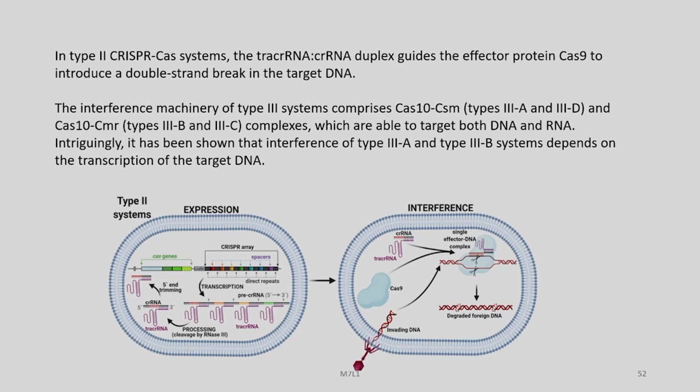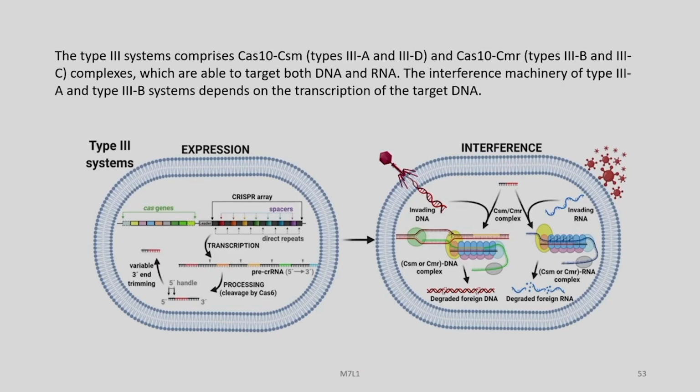The interference machinery of type 3 systems comprises Cas10-Csm (type 3A and 3D) and Cas10-Cmr complexes, which are able to target both DNA and RNA. It has been shown that the interference of type 3A and type 3B systems depends on the transcription of the target DNA.